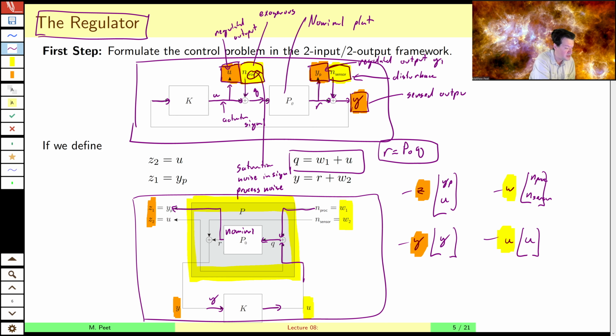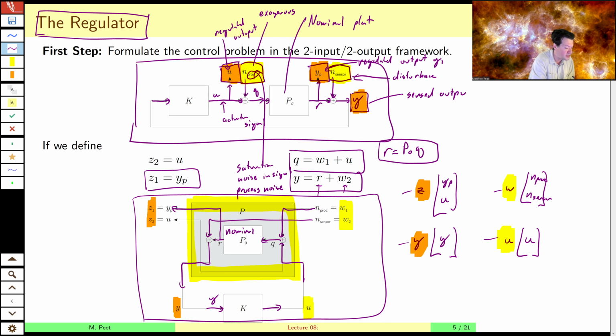So that's going to give us the equation for Z1. The other branch is something which is corrupted by sensor noise, so we bring in our now exogenous input there, corrupt it with sensor noise, and send that to the controller. So there's another equation, R plus this corruption.